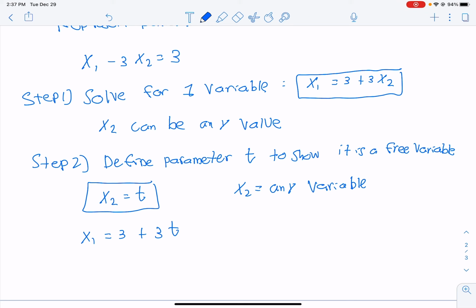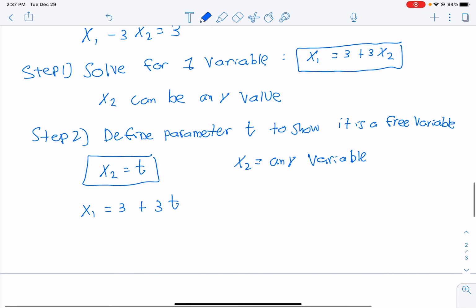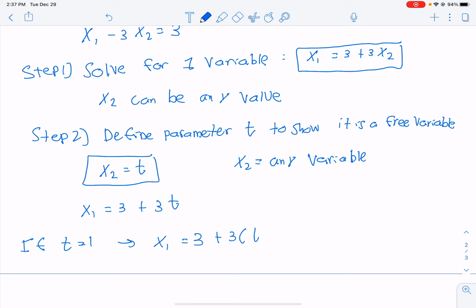Okay. So then we just want to show a scenario. If t is equal to 1, I get x1 equals 3 plus 3 times t, and t is 1, which is equal to 6.